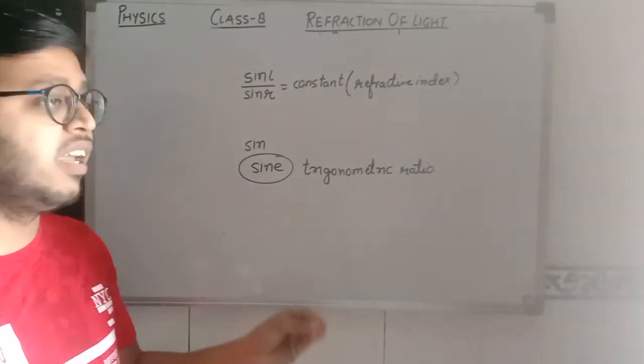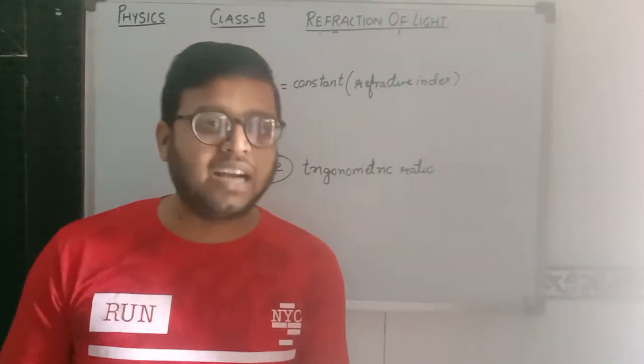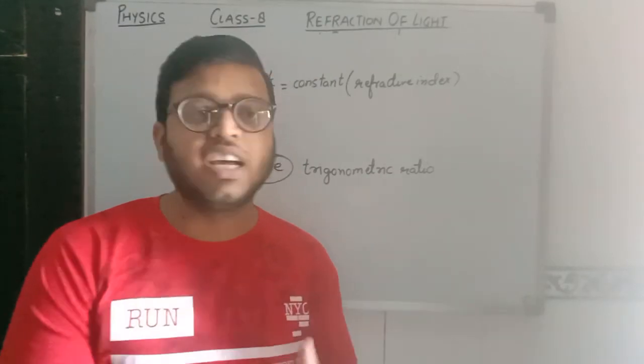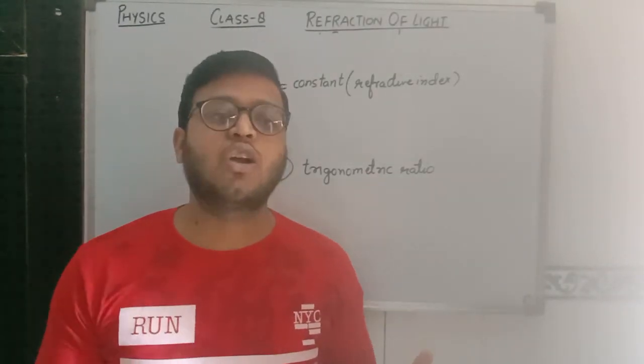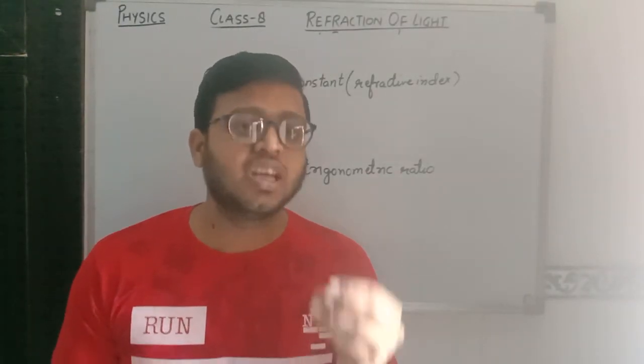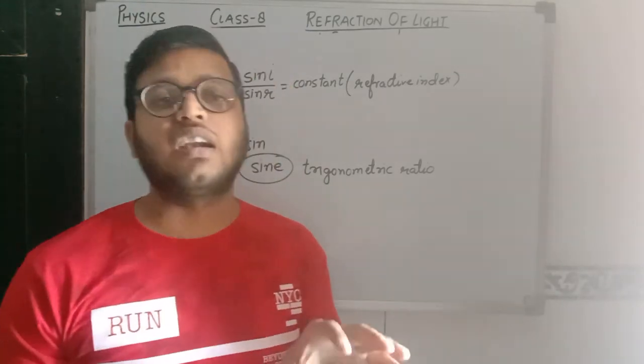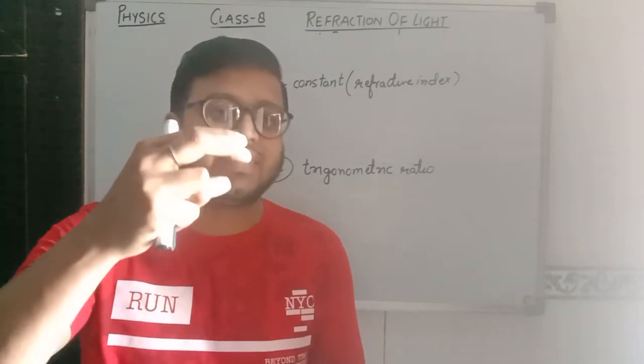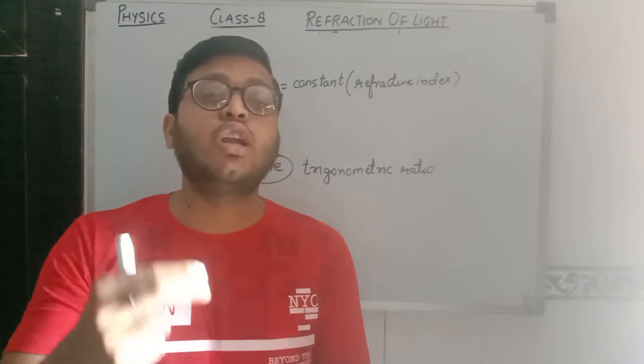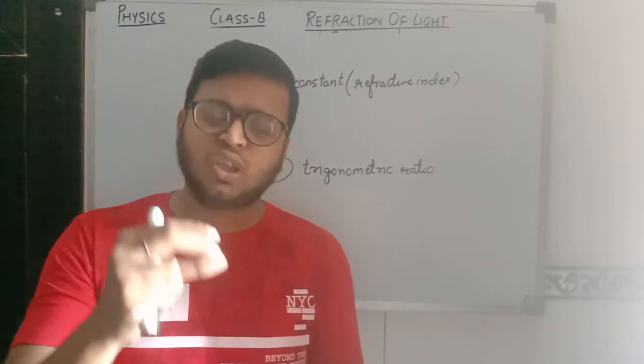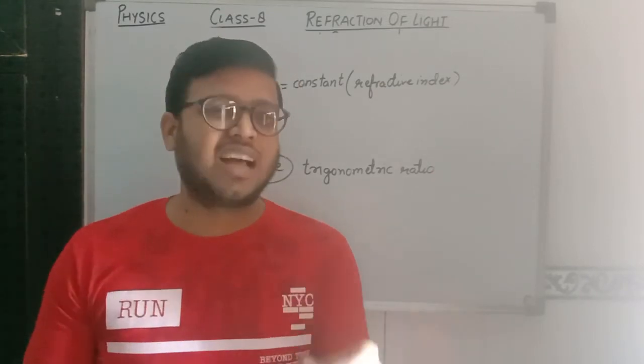Now the last thing which you have to understand is some applications of refraction of light. If some letters are written on your notebook and you place a glass slab over it, or your scale which is transparent, your scale also works as a glass slab.